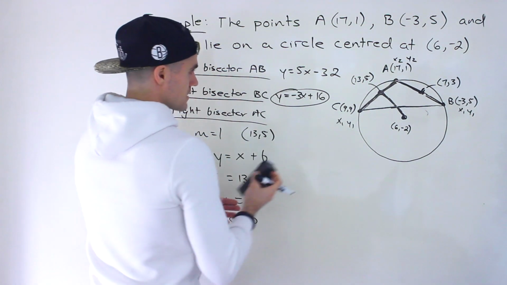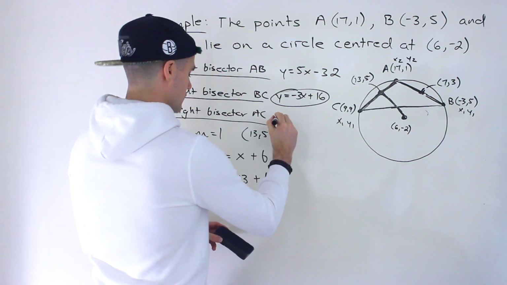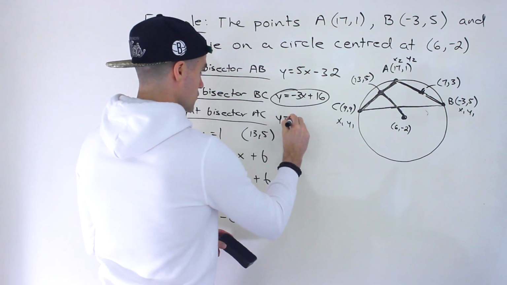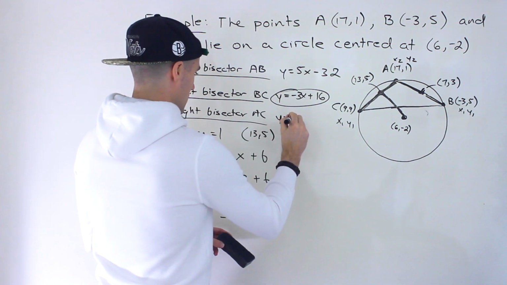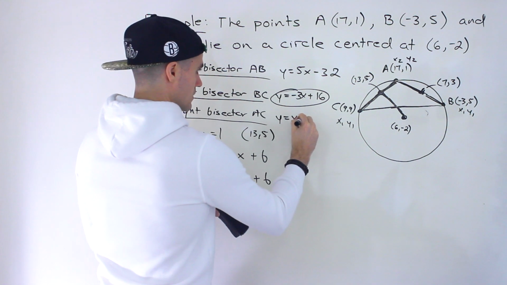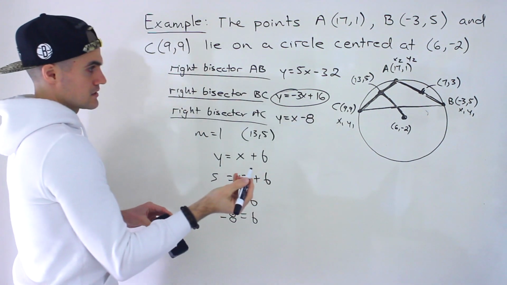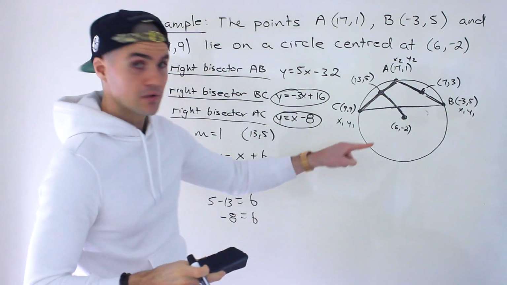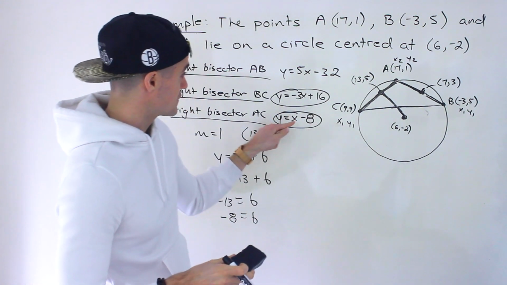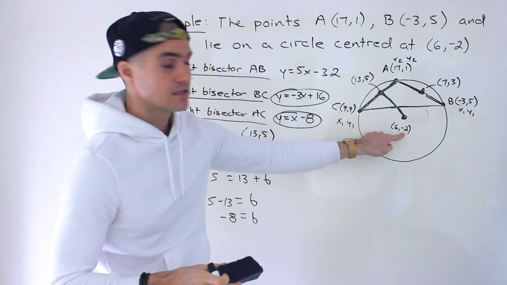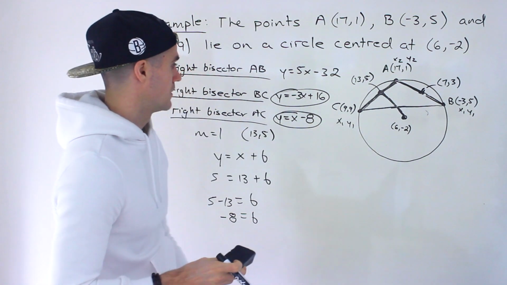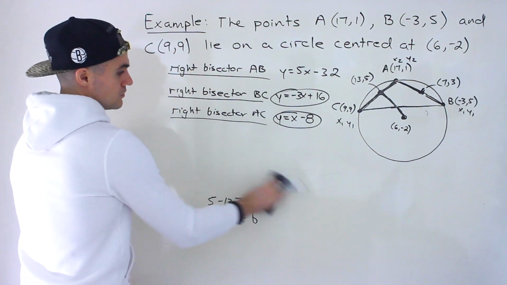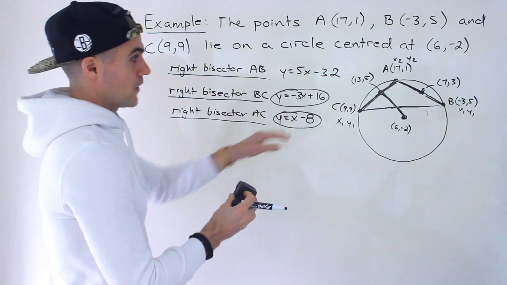So the right bisector of the chord AC would have an equation y equals x minus 8, like that. And again, you can do a quick check. It should be going through the center of the circle. If we plug in 6 for x, 6 minus 8 does indeed give us -2. Okay, so those are the equations right there.